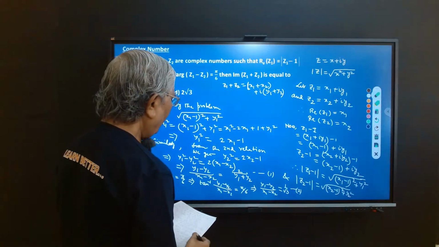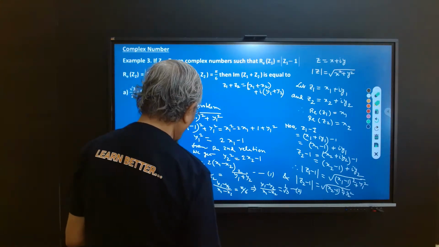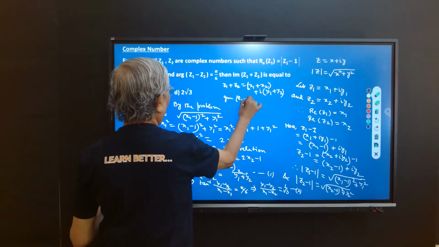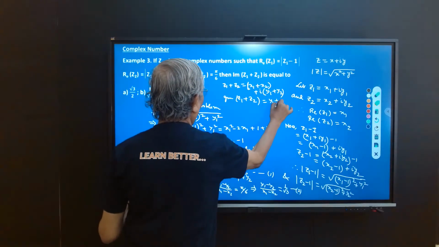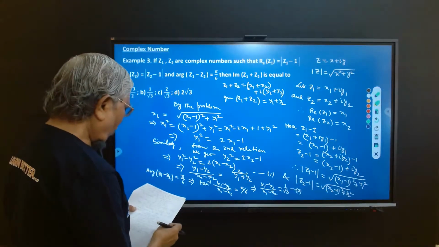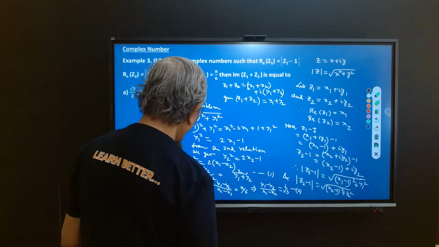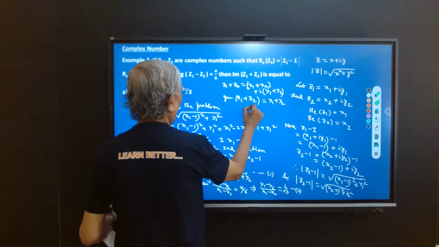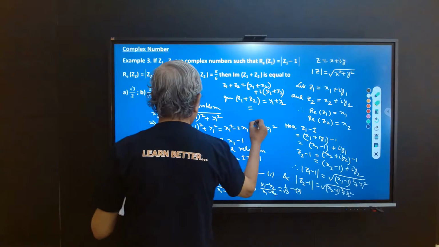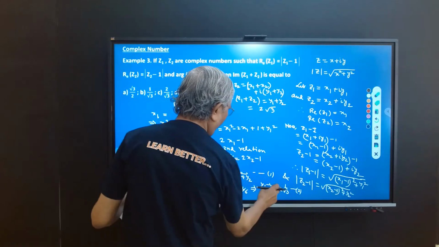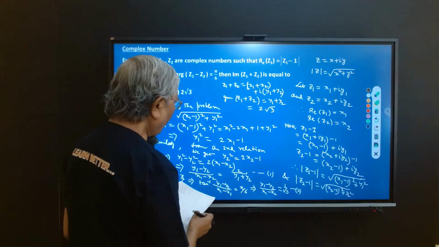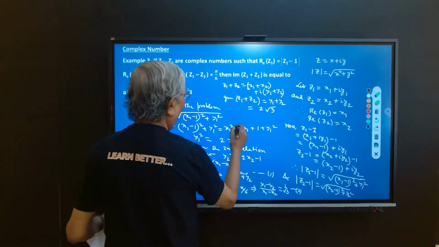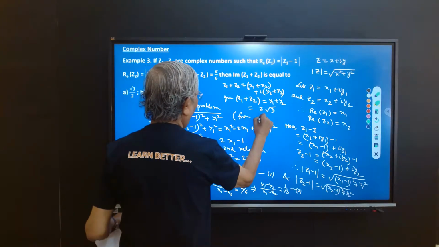From relations number 1 and 2, (y1 minus y2) by (x1 minus x2) is equal to 2 by (y1 plus y2), and also 1 by root 3.